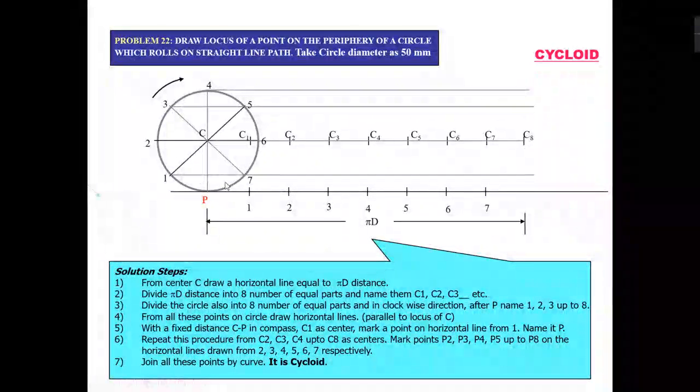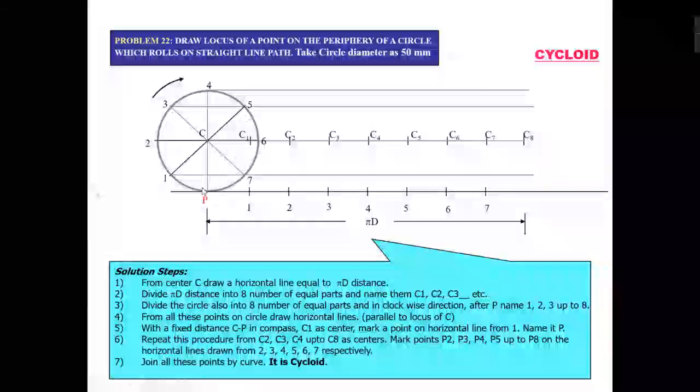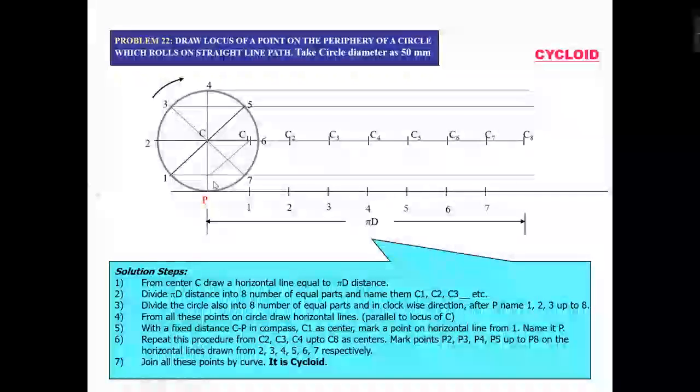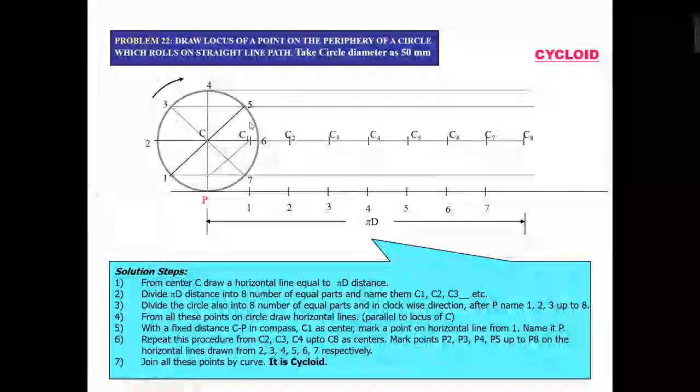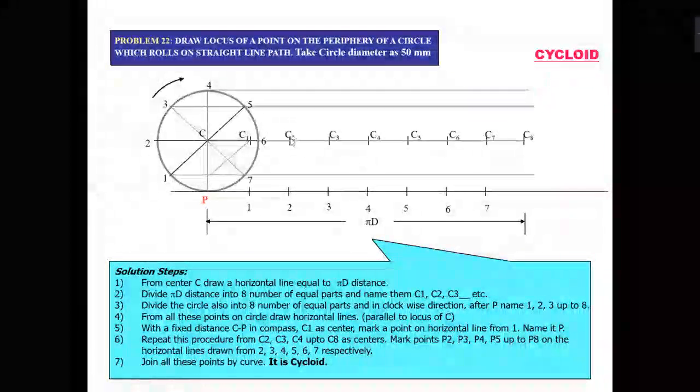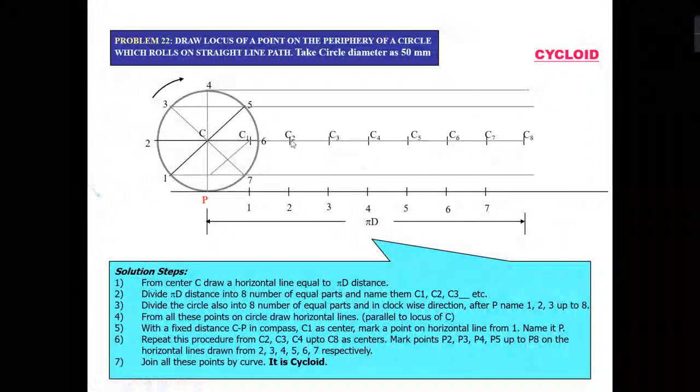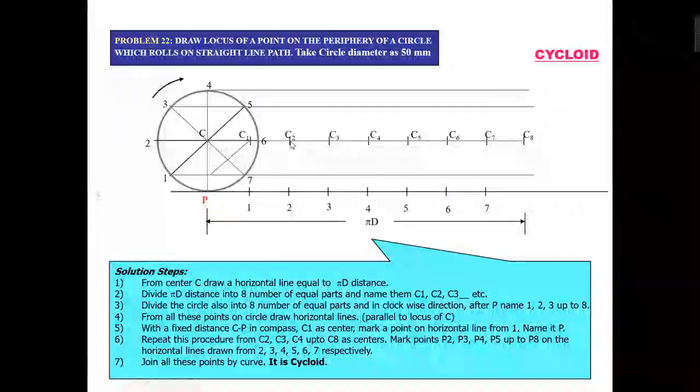So I will get the position of point P when the circle moves. Okay, so this is your first position of point P. Similarly, now your circle has moved here, then I will put the compass at C2 and cut an arc of length r on this horizontal line.